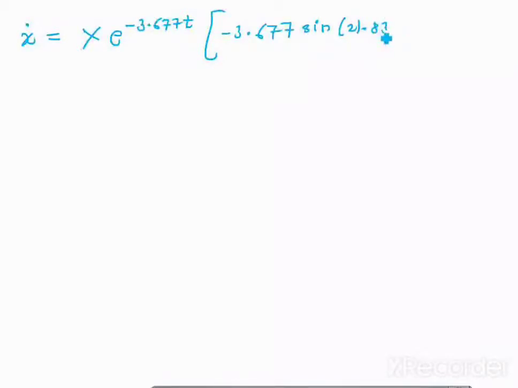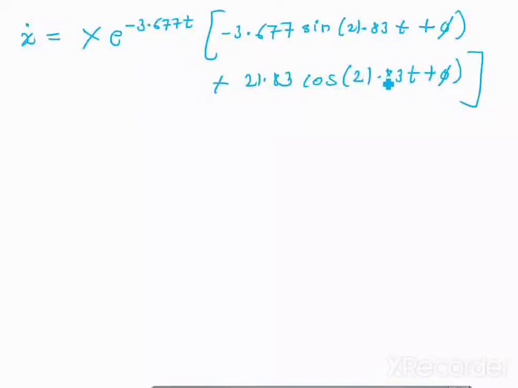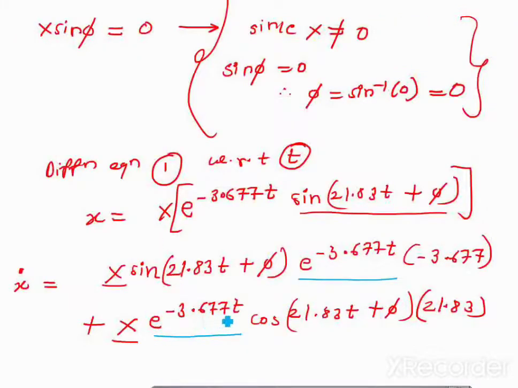So x dot is equal to capital X into e raised to minus 3.677t, and what remains inside is minus 3.677 sine of 21.83t plus phi, plus 21.83 into cos of 21.83t plus phi.